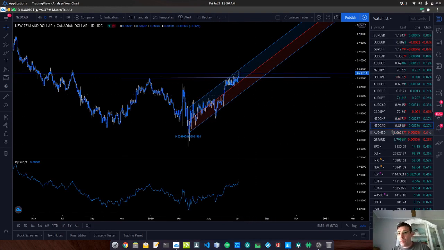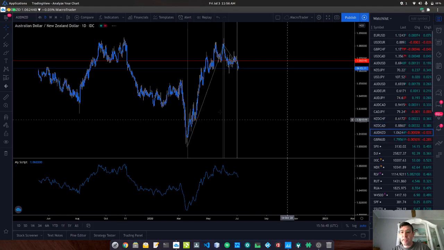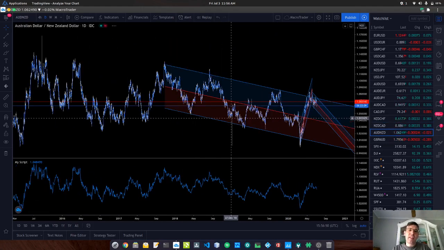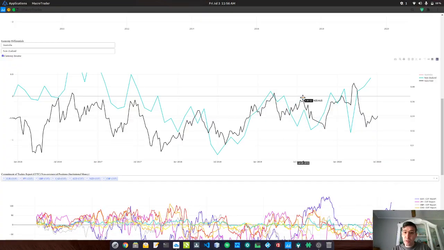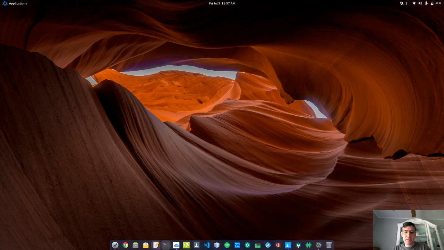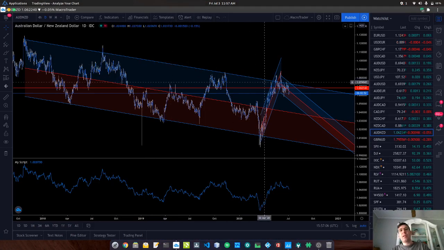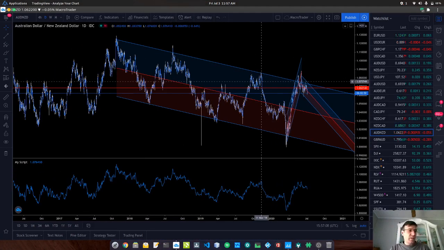But Australian US dollar, what I love to see in the linear regressions is a strong bias for, say, like New Zealand, and the move hasn't caught up yet, and a confluence of linear regression channels.